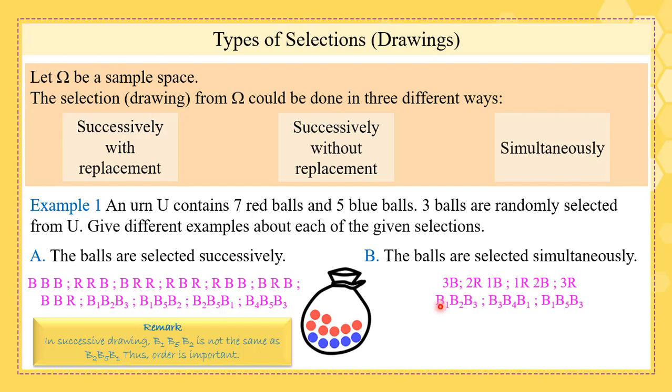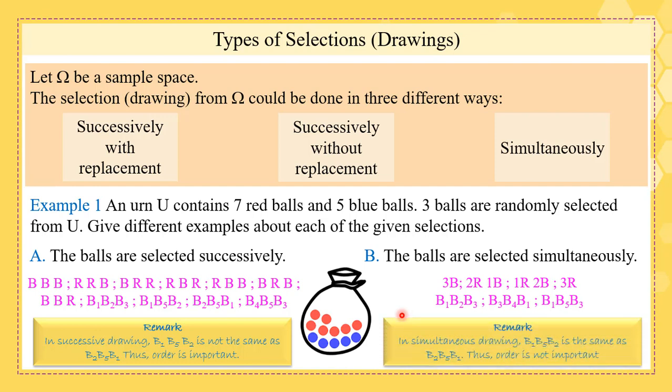These balls could be blue 1, blue 2, blue 3, could be blue 3, blue 4, blue 1, could be blue 1, blue 5, blue 3. But here the order is not important. So if I choose blue 1, blue 2, blue 3, it's the same as blue 3, blue 2, blue 1.